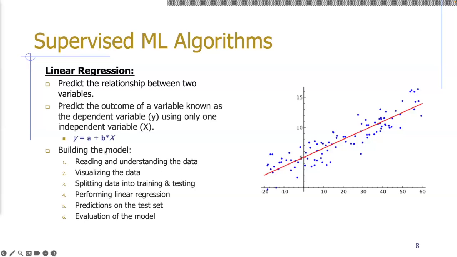Do you remember the names of those values? What is b? Yes, that's the slope. Good job.